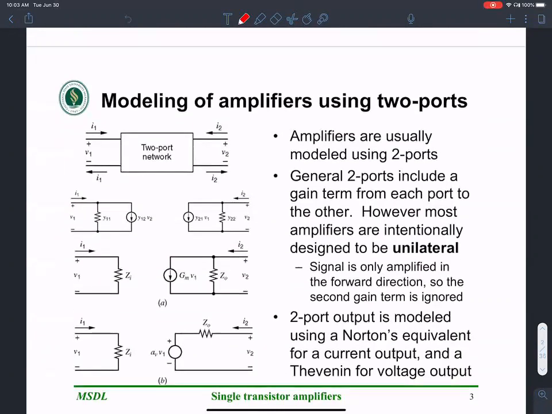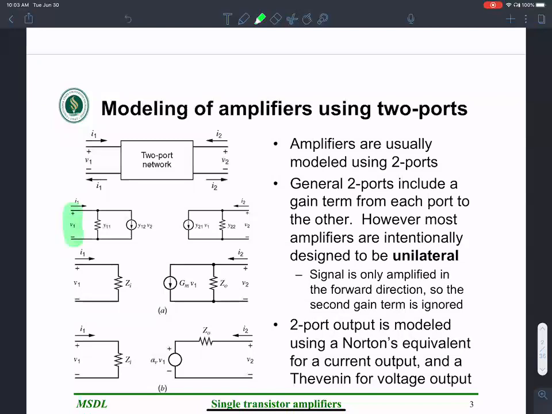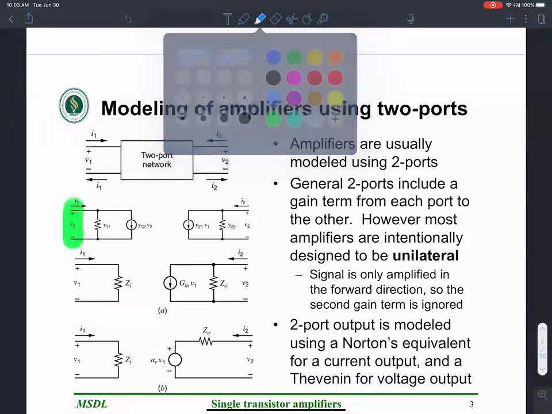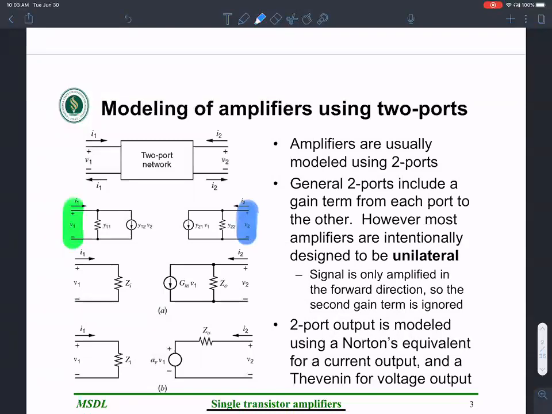Amplifiers are usually modeled using two ports. There is an input side, and there's an output side. The input can be current or voltage.